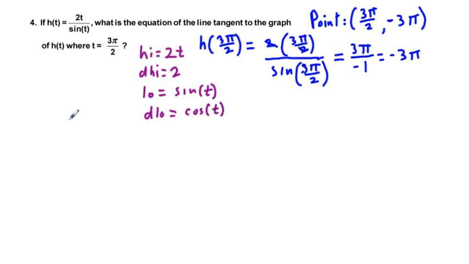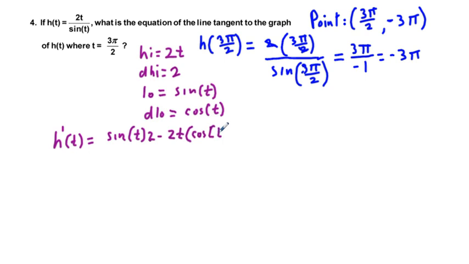Okay, so now we can find the derivative of this function, h prime of t, is equal to the low, and our low is sine t, times the derivative of the high, which is 2, minus the high function, which is 2t, times the derivative of the low, which is cosine t.